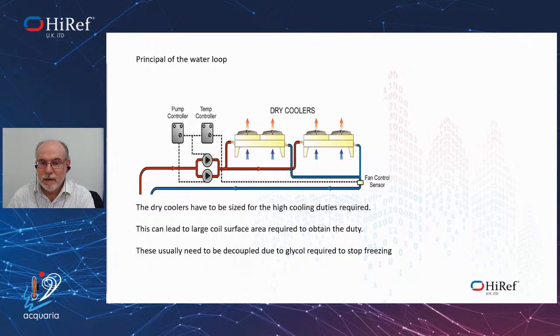But because they are in the cold weather outside, they normally need glycol in the system, and so you need to decouple those from the water loop itself, which creates another problem in that you've got a 3-degree differential between what you can get outside and what's on the water loop itself.